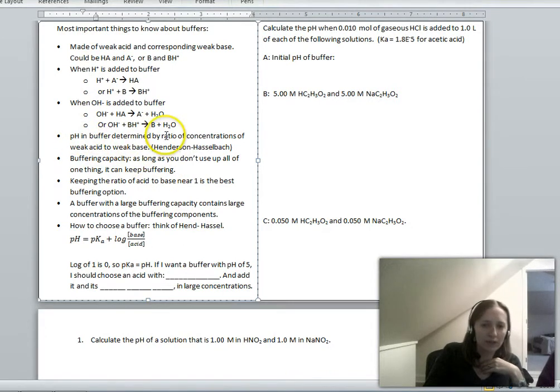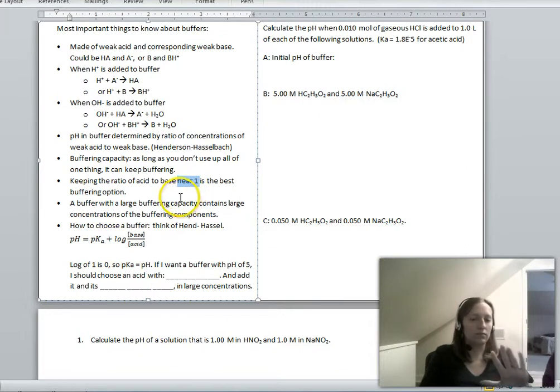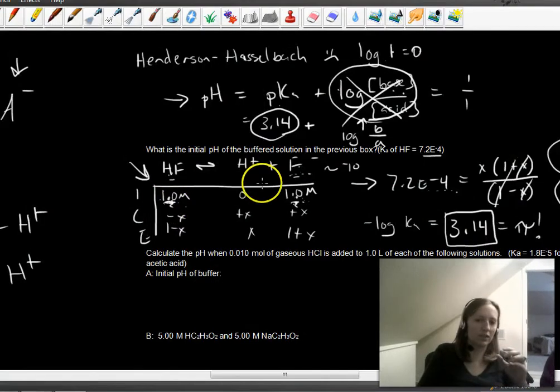It's determined by the ratio. The pH is determined by the ratio, but it's also important to have large numbers in order to have a good buffering capacity. It is a good idea to keep that ratio near 1 because, for example, in this situation where the ratio is 1, this buffering system can withstand attack by base by using up the acid, and it can withstand attack by acid by using up the base.